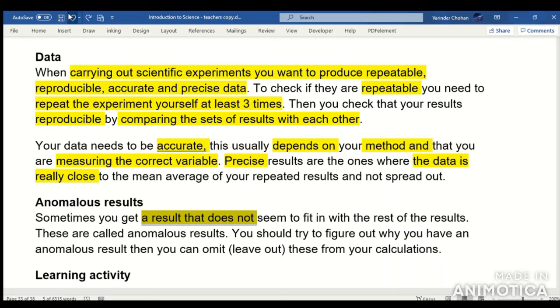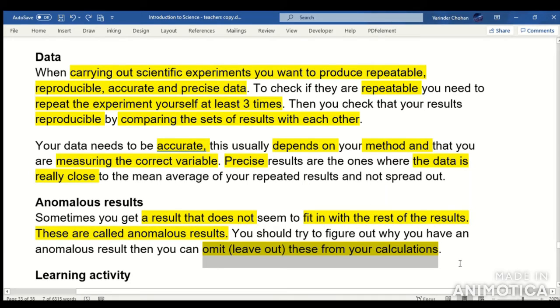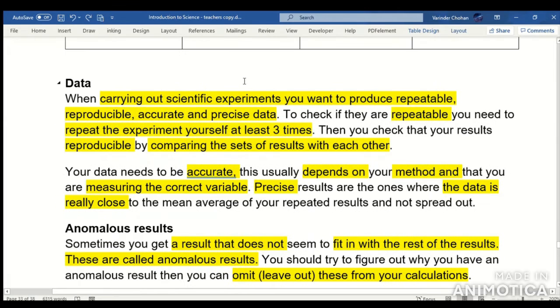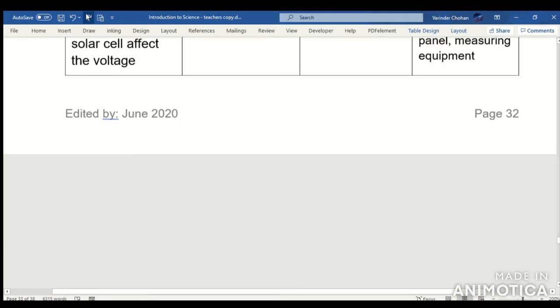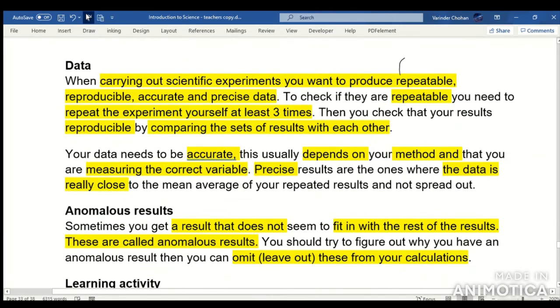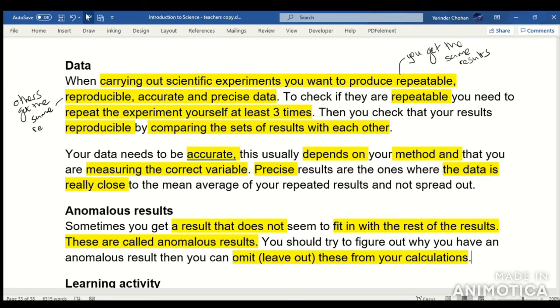Sometimes you can get a result that does not seem to fit in with the rest of the results. These are called anomalous results. You should try to figure out why you have an anomalous result and omit these from your calculations. By repeatable, we mean you get the same results. Reproducible, others get the same result.